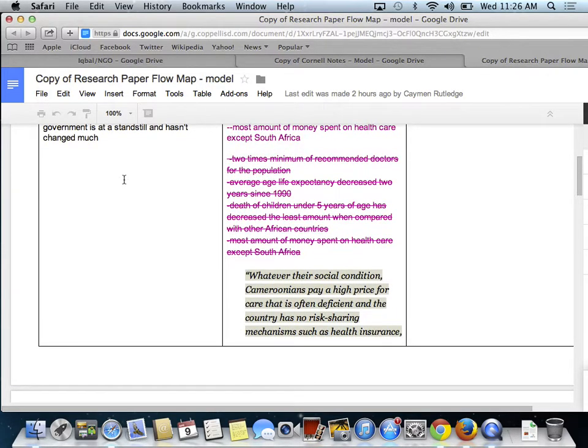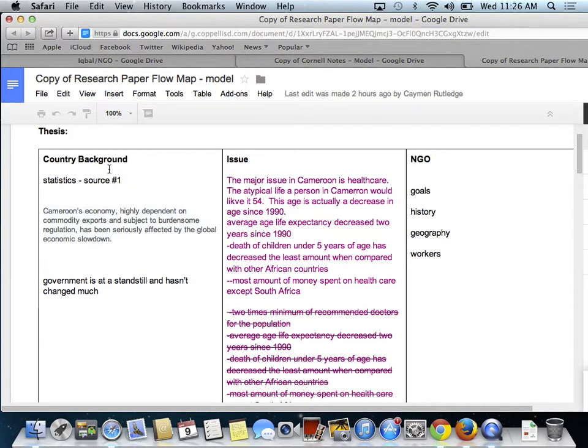Okay, when I initially started this, I had just copied and pasted all of my notes in here. And you can see in the country background where I've just copied and pasted my notes. In my NGO, I just copied and pasted the key ideas. And I wanted those in this flow map so that I would know what information I have before writing my actual paper.